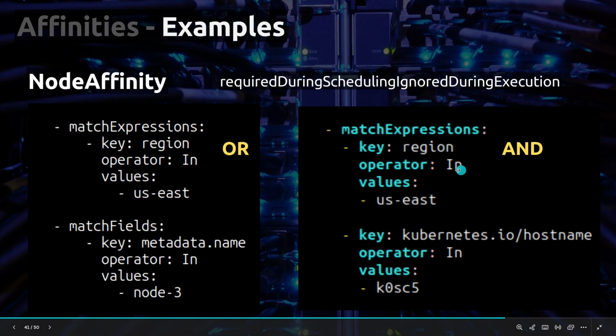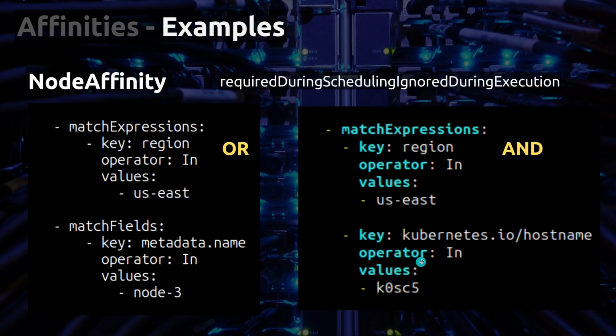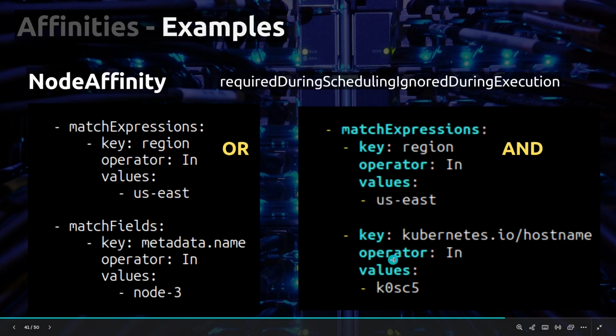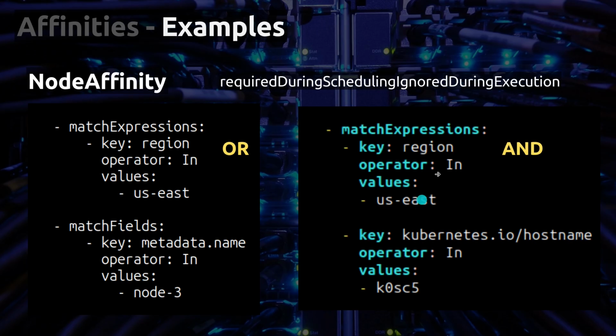So region is in US East, like on the left, and we can also set a host name in the match expressions again, in the values key, K0SC5, meaning that we need a node named K0SC5 and, at the same time, to be in the region US East.